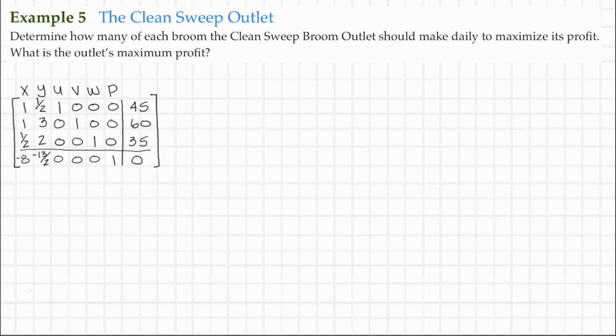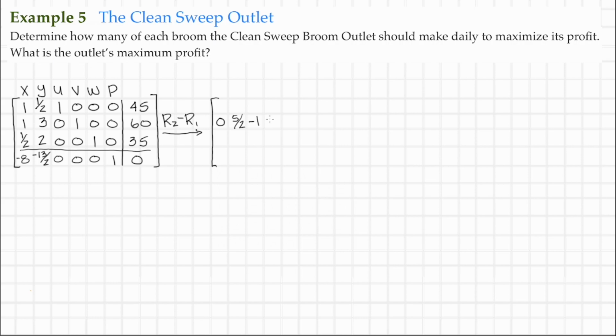Now that we have that, we use our elementary row operations to start changing the other values into zeros to make this into a unit column. So we'll take row 2 and subtract out row 1. Put in our bracket. 1 minus 1 is 0. 3 minus 1/2 is 5/2. 0 minus 1 is -1.